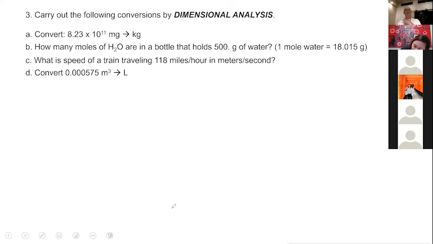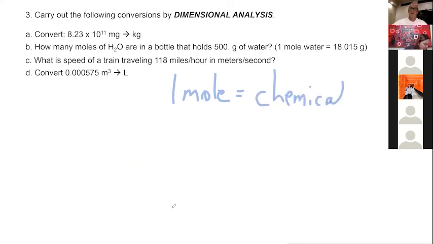Okay, yeah, so this is something that we're going to be doing starting tomorrow, actually. This is probably the most important concept in the entire class, the concept of a mole. What is a mole? So 1 mole of something is basically a chemical amount.